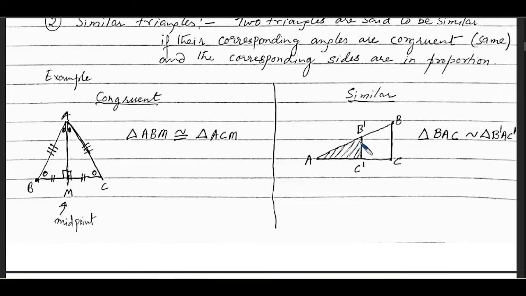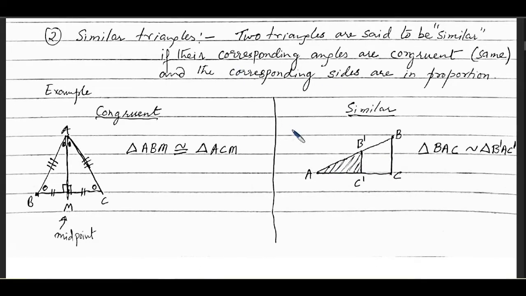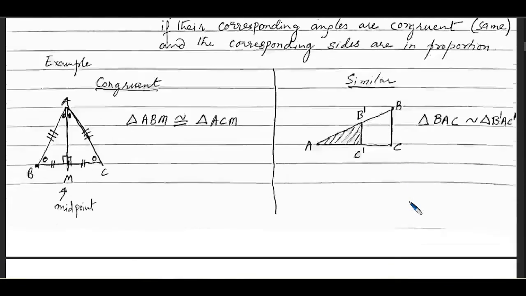This angle is equal to this angle and this angle is equal to this angle. So these are similar, the angles are all the same, but the sides are different. This side is big, this side is small. AB' is small, AB is big, and they are in certain ratios which I will come to soon.